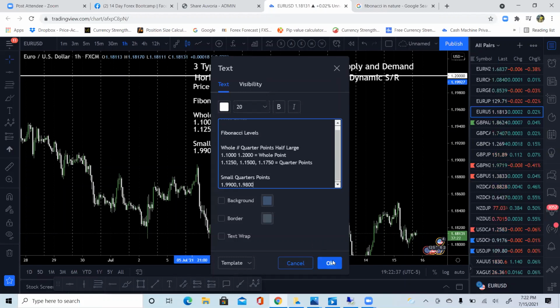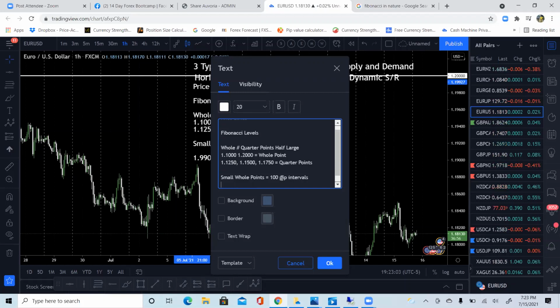So let's use those. So those would be your small whole points because you're using 100 pips. So large whole point is 1,000 pips. Small whole point would be 100 pip intervals.